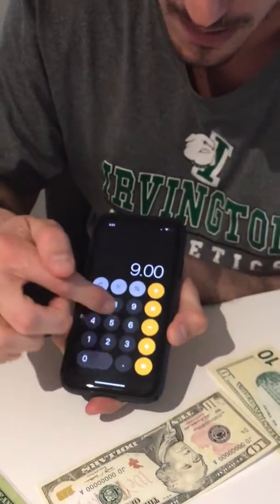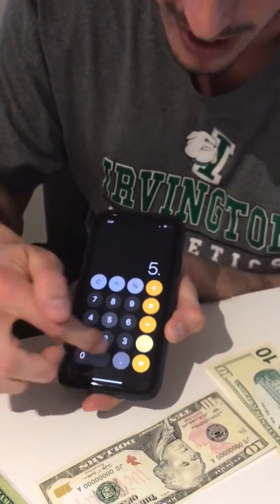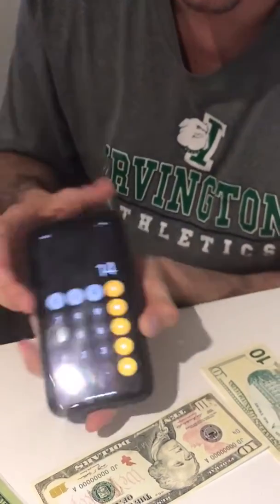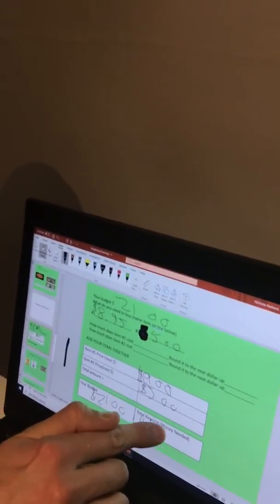Now again, I love to use my calculator on my phone. So we're gonna do that again. So $9 plus $5 equals $14. So Miss Wilson, what was our budget again? $21.